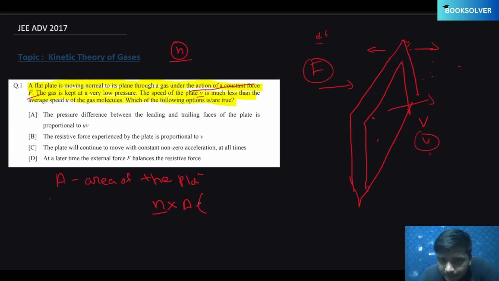So we have to consider the particles coming towards our plate, with relative speed u plus v, so (u plus v) dt. But as I said, we only have to consider the particles coming to our plate, so we take a half here, so that n by 2 particles are coming towards it and n by 2 particles are moving away from it. So this is the number of particles here.